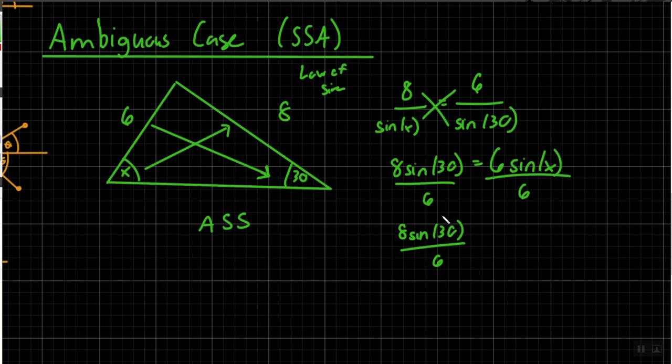Sunny, when you put this into your calculator, what do you get? I got 0.6 repeating. Okay, how do I get x all by itself?